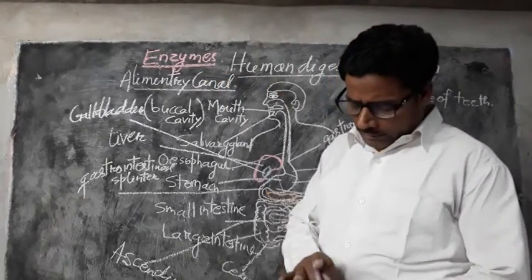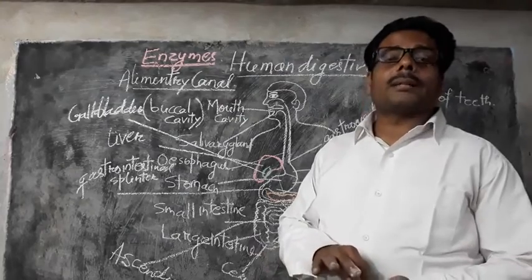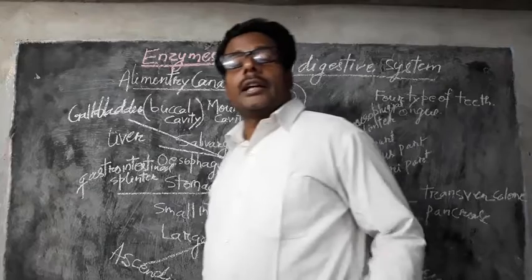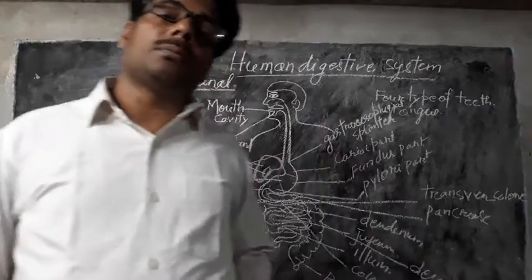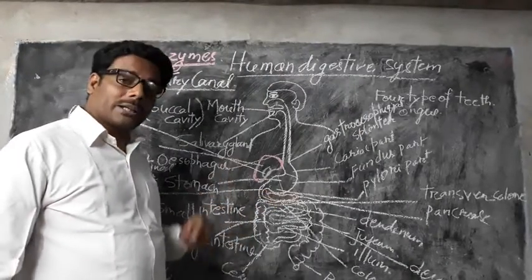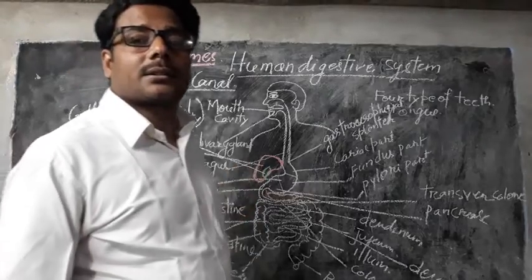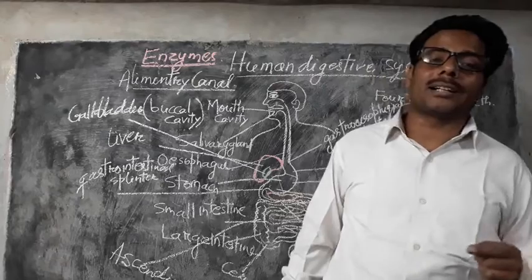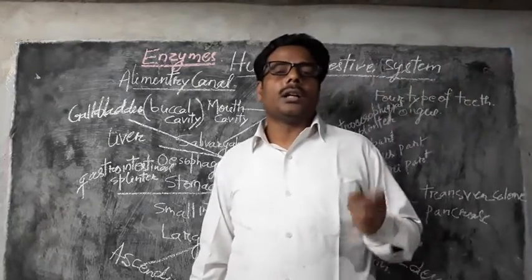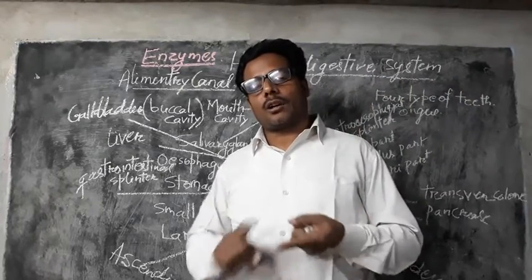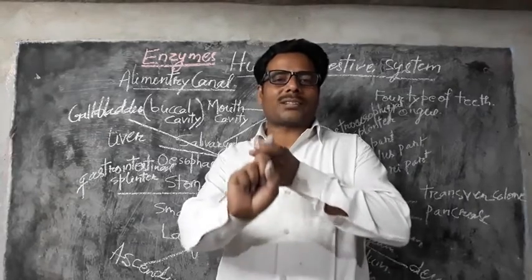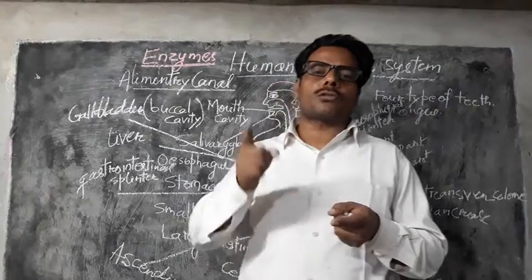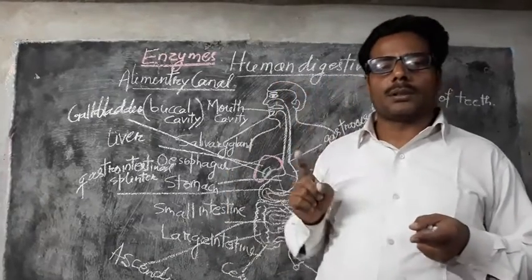So, dear students, the food that we take in our diet is locked in a complex form. We take carbohydrates, proteins, fats, vitamins, minerals, etc. These are locked in complex form and need to be converted into a simpler, soluble, absorbable form.